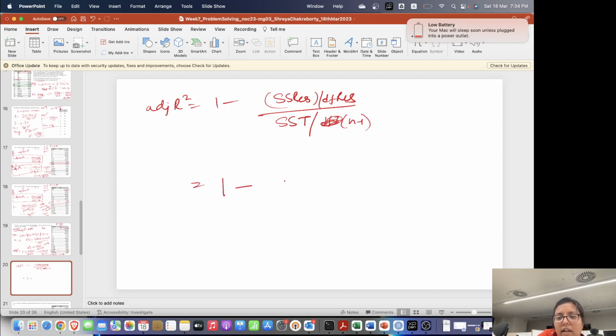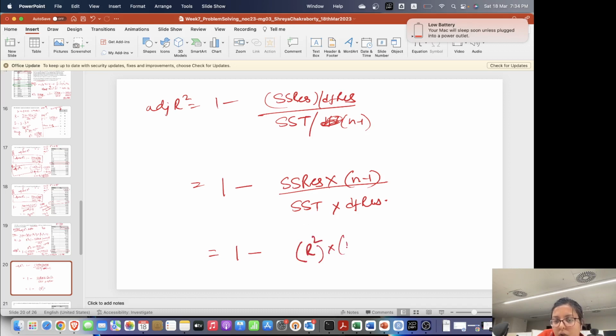So we can write it as SS residual into n minus 1 by SS total into df residuals. So this is 1 minus this thing, which is (1 minus R square) into n minus 1 by df residual, which is actually n minus k minus 1, the same thing.